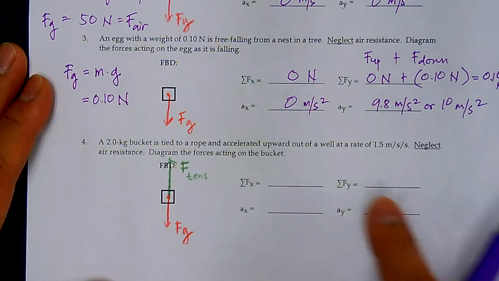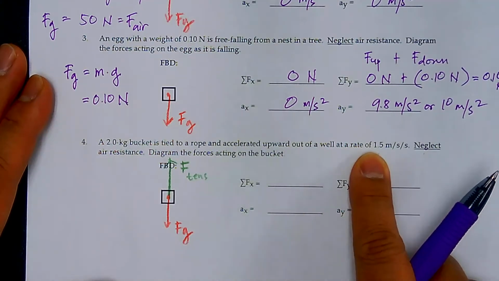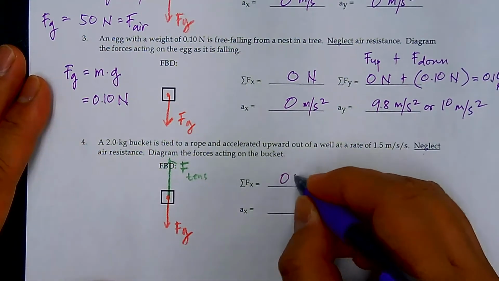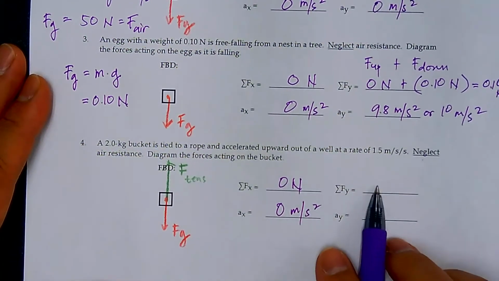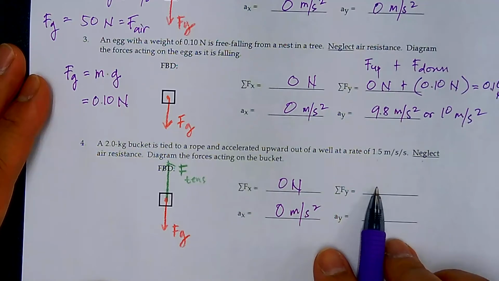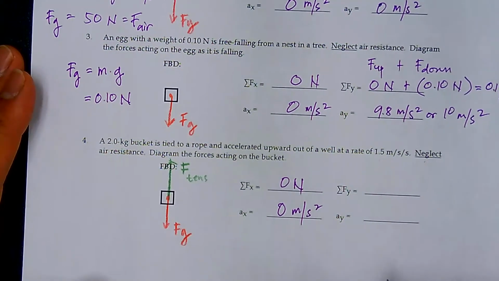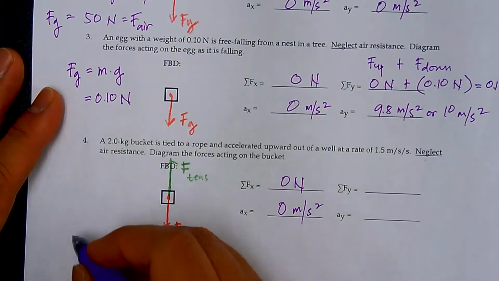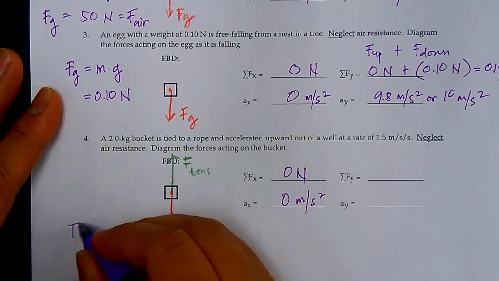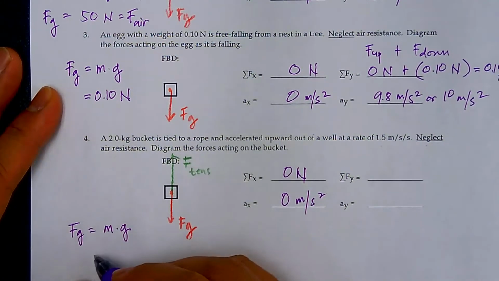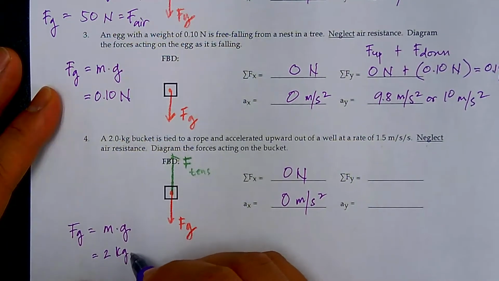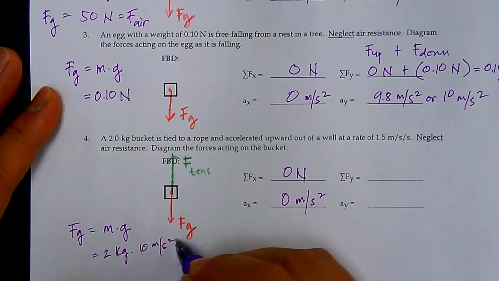If it's accelerating upward, is it moving on the x? No, so there's no acceleration. Is it moving on the y? Yes, definitely. But by how much? That's what we're going to deal with. The force of gravity is equal to mass times g, which is 2 kilograms times 10 meters per second squared.